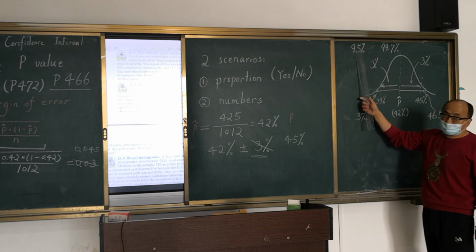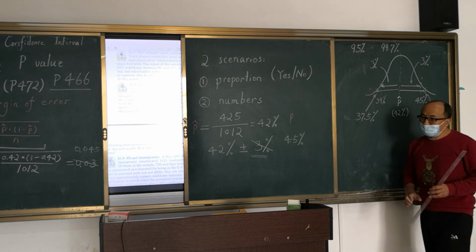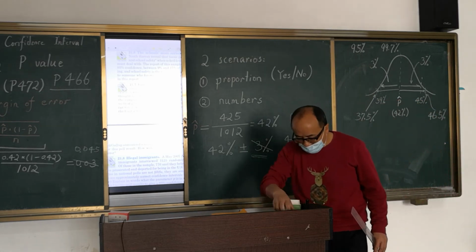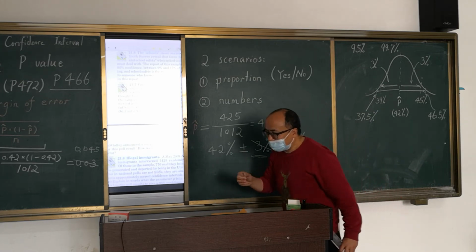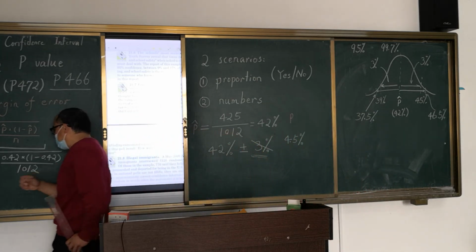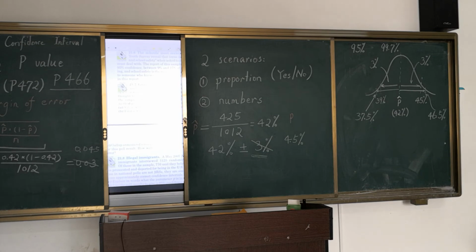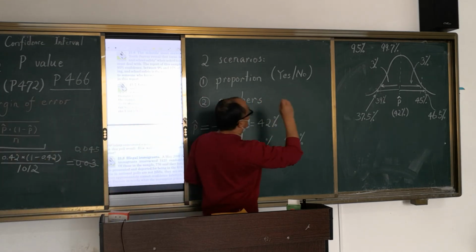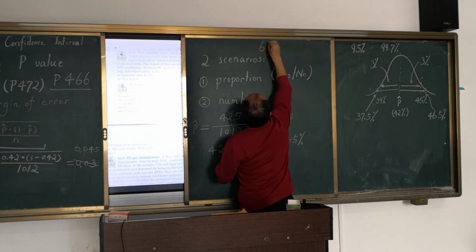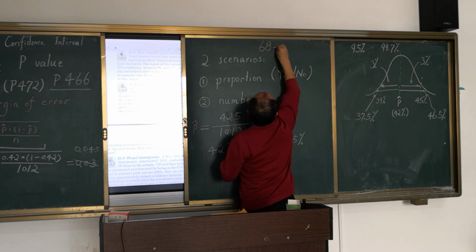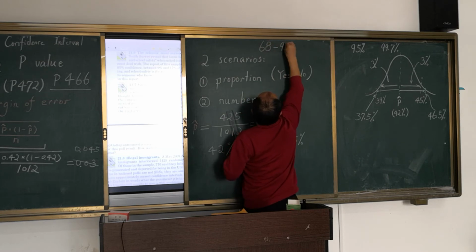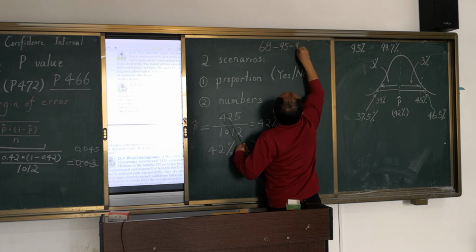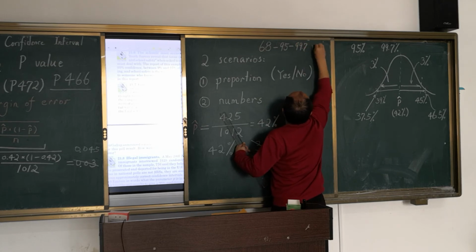For these rules, I have to write it in every class. Right? What's the rule? The 68, 95, 99.7 rules.